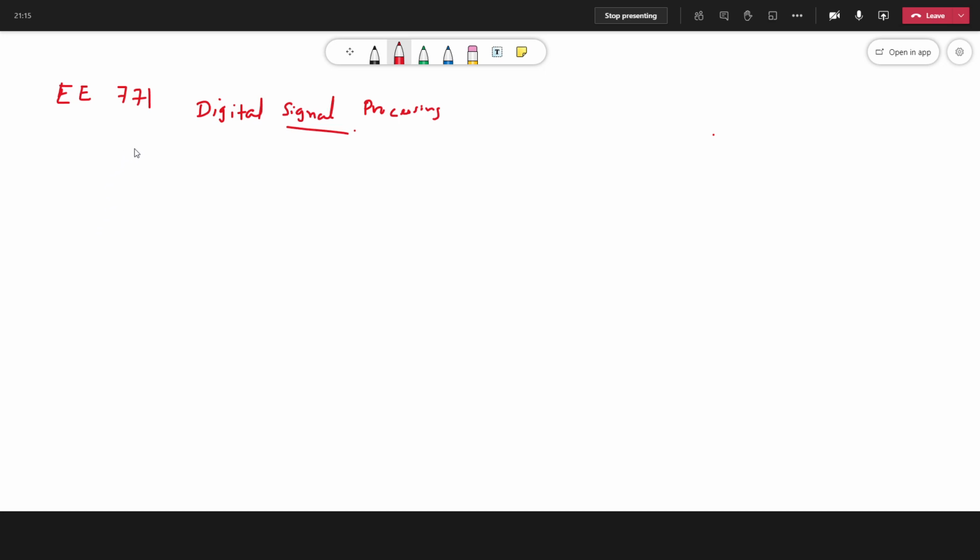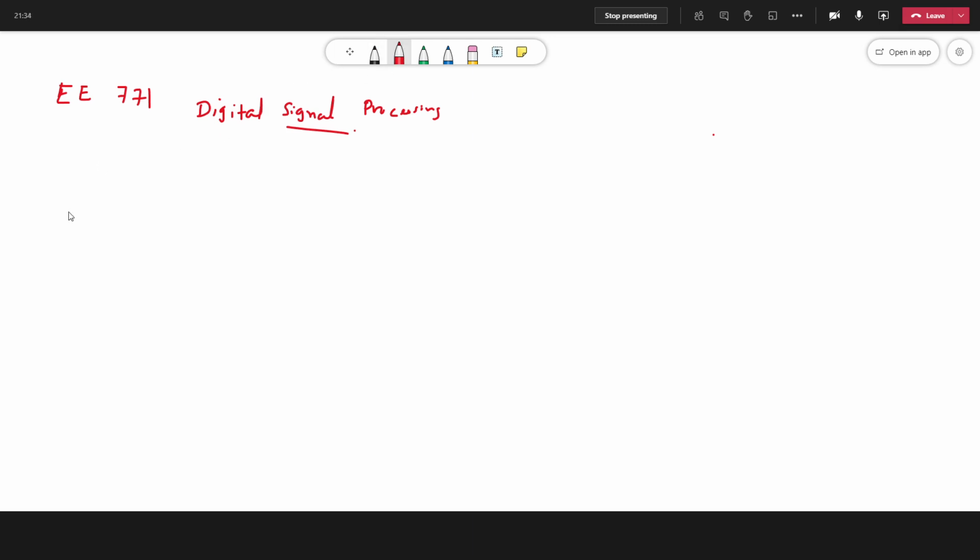So we are going to talk about the basic building blocks that you will be able to see in any digital signal processing system.